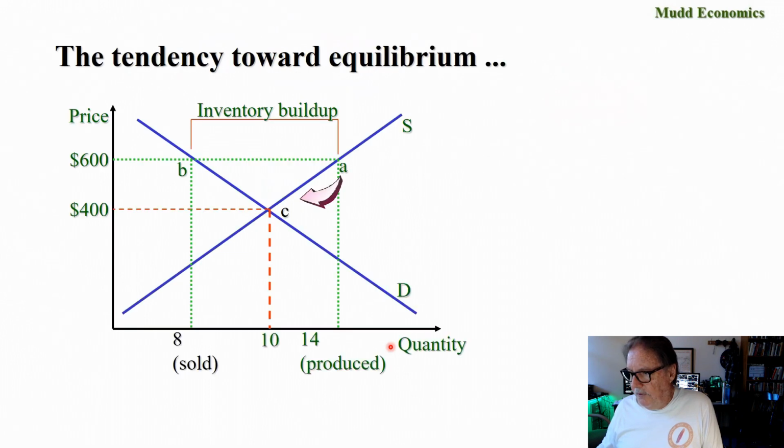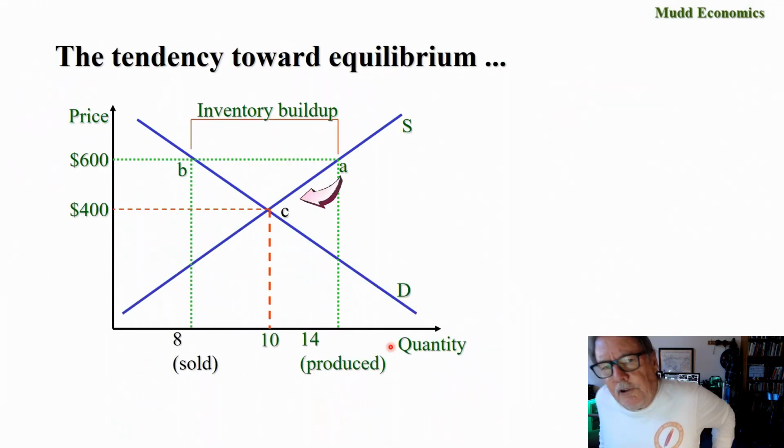Now there's one more thing we want to talk about here, and that is that in these models there is a presumed tendency toward equilibrium, which is inherent in the models. There's supposed to be over time a price-seeking function of these markets that make the markets more efficient.